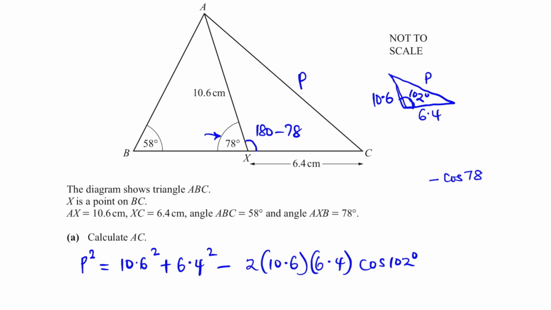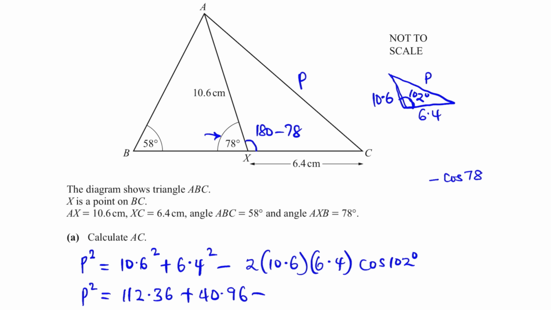So P squared is going to be 10.6 squared, by my calculator, is 112.36, then 6.4 squared is 40.96, so minus 2 times 10.6 times 6.4.